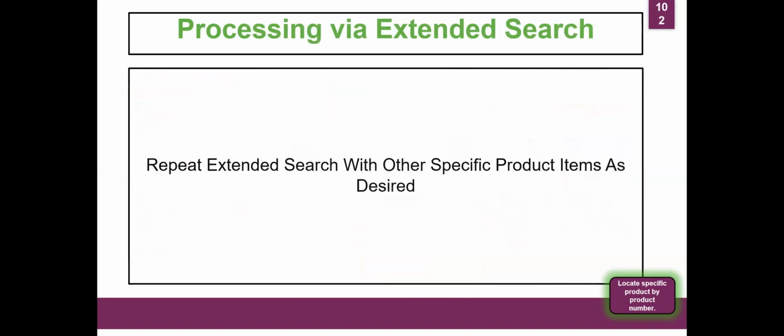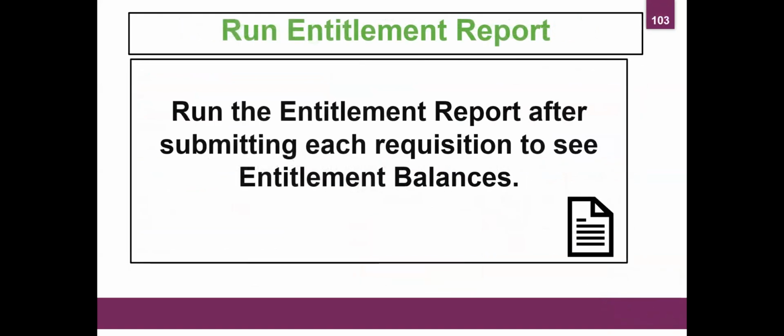And then we just repeat the process. So you just walk through that same extended search. You're looking for your product, your material numbers, your item numbers. And then we didn't go through it in this class, but hopefully by now you guys have taken the RA 101 and 102. And remember, you have the entitlement.